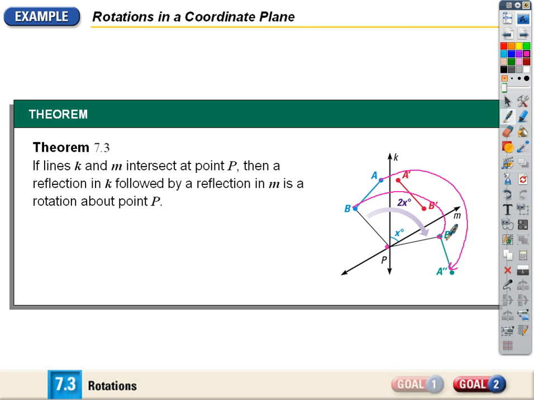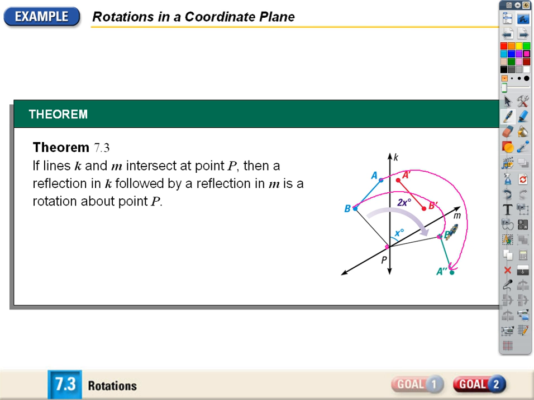When I folded the paper, I had the fold on K and the fold on M, and if we measured the angle between those, let's say it's X, how far is my rotation going to have to be, I suppose? More than X, right? Twice as much, in fact. We're going to rotate it through 2X, and it's the same thing as the double reflection. How about that?